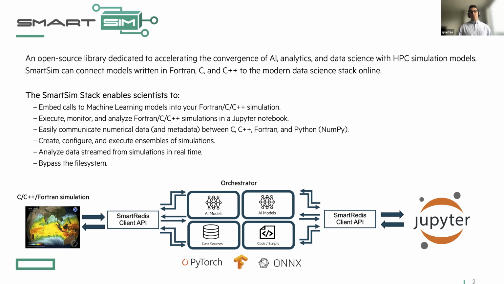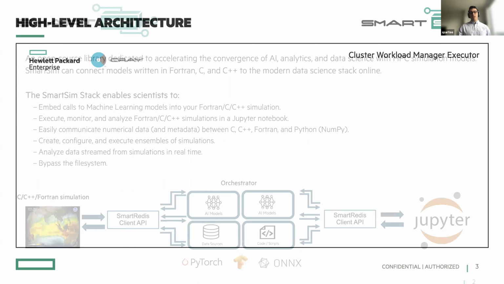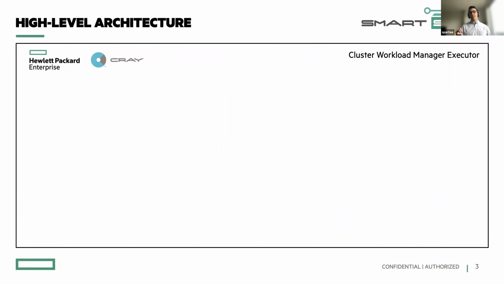The diagram below shows a little bit of how you do this in an online analysis setting, but if it's not making sense right now, don't worry, we'll get into it. So I'd like you to imagine this box is a supercomputer with a workload manager or scheduler like Slurm or PBS, and it could also be a cluster. In this case, we're going to be launching some things onto the supercomputer.